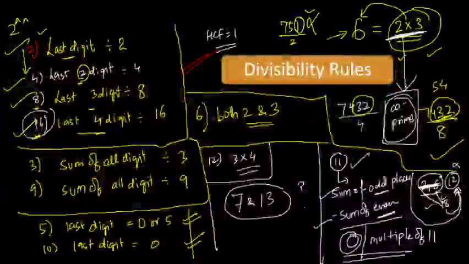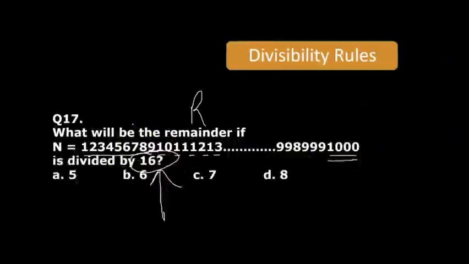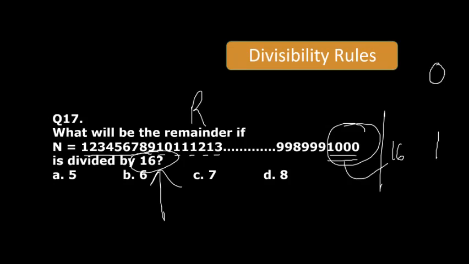The rule of 16 was that you need to check the last 4 digits. So just divide the last 4 digits by 16. If it is completely divisible, then the remainder is 0. But if it is not, then you will get your remainder directly. Answer please.